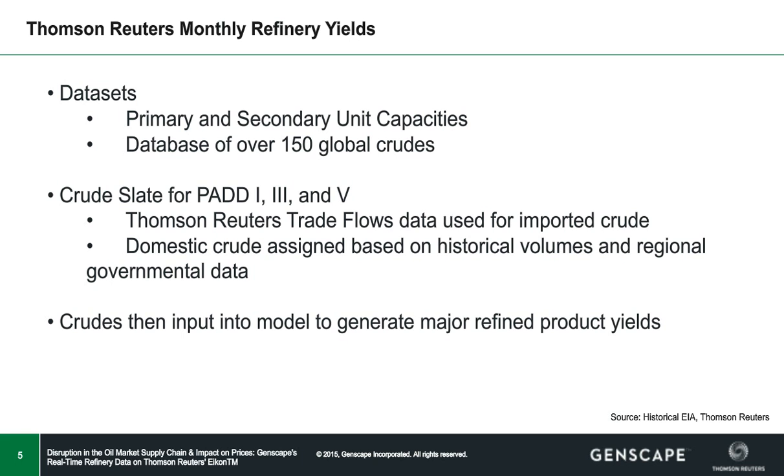Waterborne imports from the Thomson Reuters trade flows data is used to calculate imported crude grades, and domestic crude grades are assigned based on historical volumes and regional government data. The model is configured for the selected region with the refinery capacities pulled in, and then the crude slate for the month for both domestic and imported crudes is input. The model then calculates the major refined product yield based upon the given input. So I'm going to go over our latest report and what it covers.